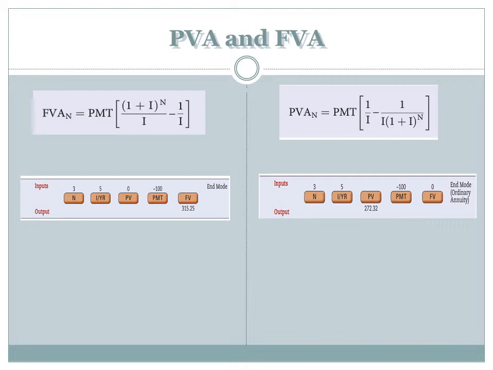On your financial calculator there is a key called PMT, the payment is negative 100, and then compute the future value. For the present value of an ordinary annuity, you put 0 on the future value and then you compute the present value.